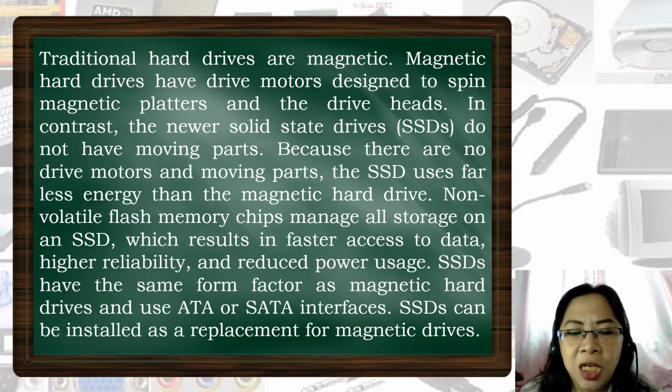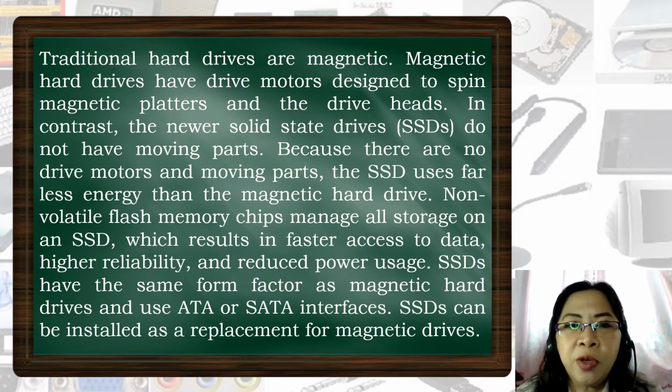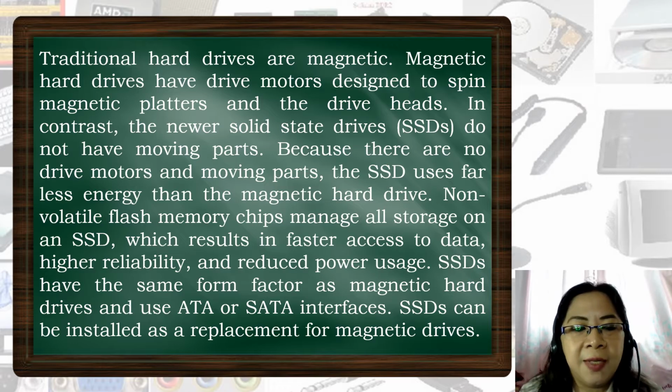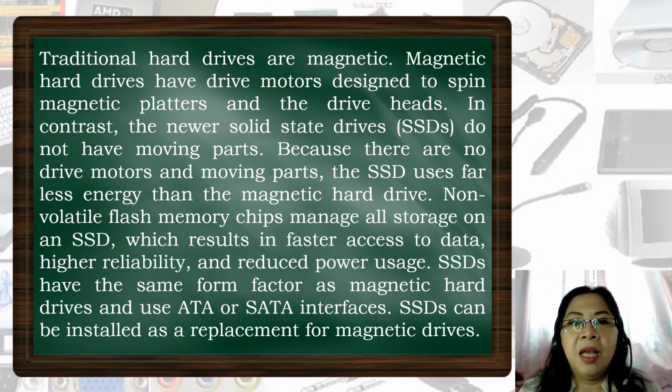Non-volatile flash memory chips manage all storage on an SSD, which results in faster access to data, higher reliability, and reduced power usage. SSDs have the same form factor as magnetic hard drives and use ATA or SATA interfaces. SSDs can be installed as a replacement for magnetic drives.